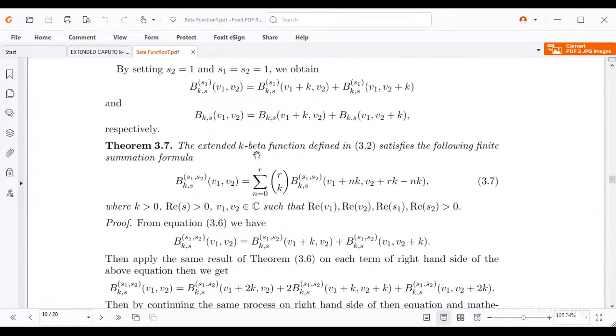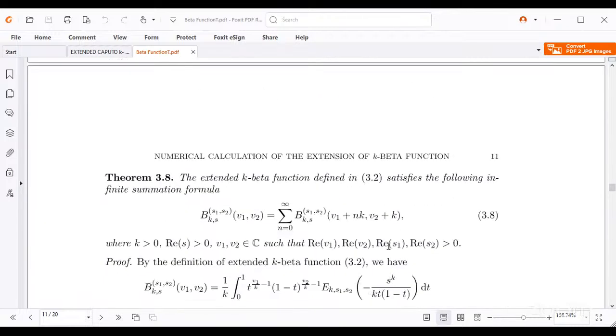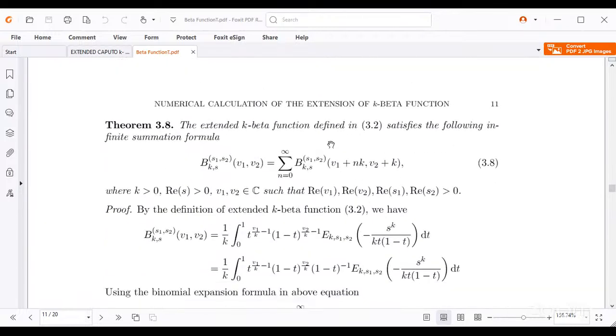The extended k beta function defined in 3.2 also satisfies the following functional relations, given by 3.6. When we study the new extensions of special functions, these are the basic properties required to understand the behavior of the functions. The extended k beta function defined in 3.2 satisfies the following finite summation formula, given by 3.7, and at the same time the following infinite summation formula, given by equation number 3.8.